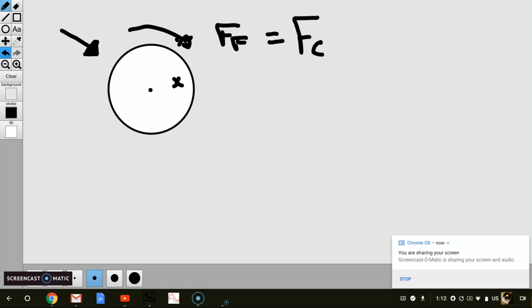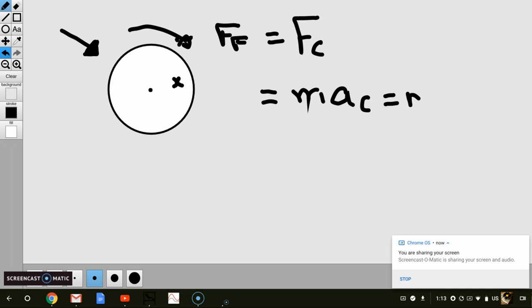So we know that the centripetal force is equal to mass times the centripetal acceleration. Now, you will not know the straight line velocity, but what you will know is that the record player will be set at a certain frequency.